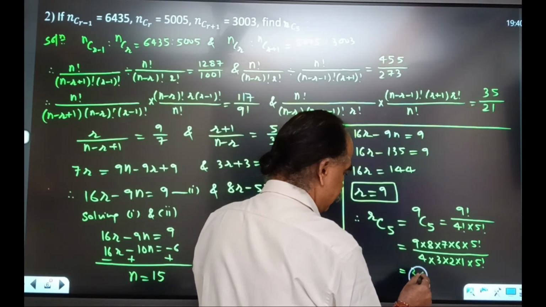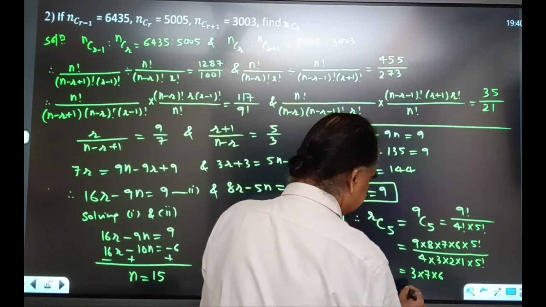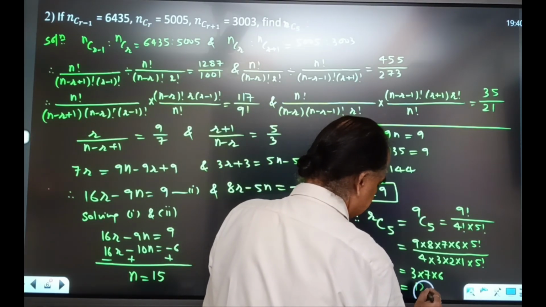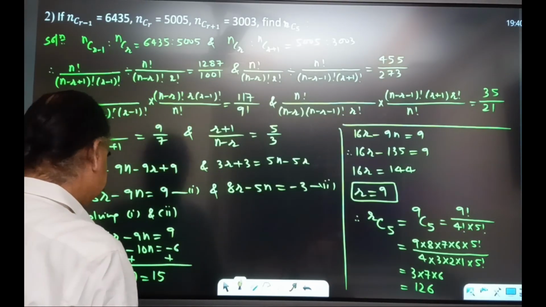So 3 into 7 into 6. 18 7s are 126 is the answer.